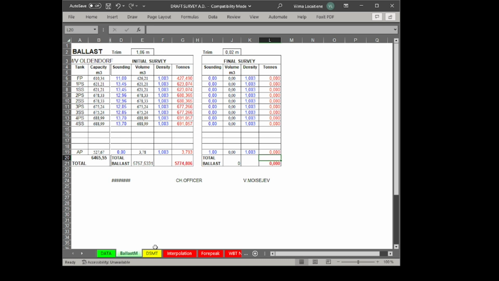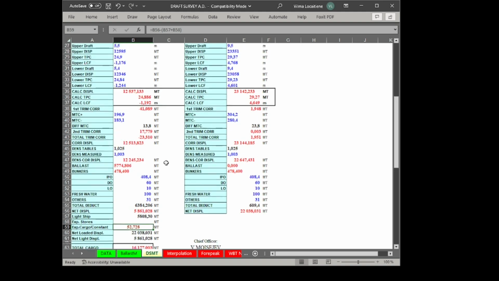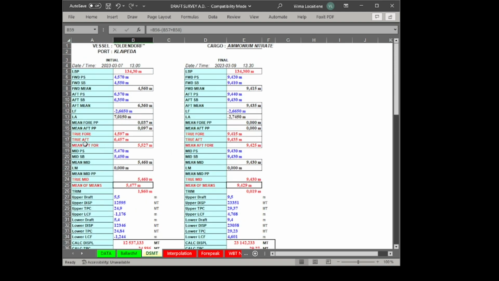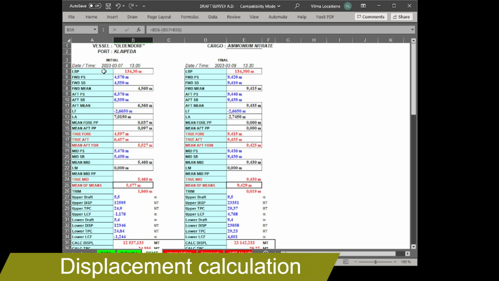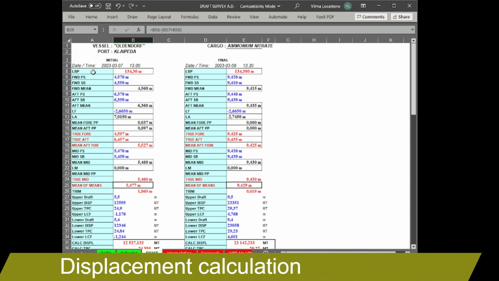Just now it is necessary to look at the stability, displacement calculation table. There you can see, for example, it is very important, the length between perpendiculars.